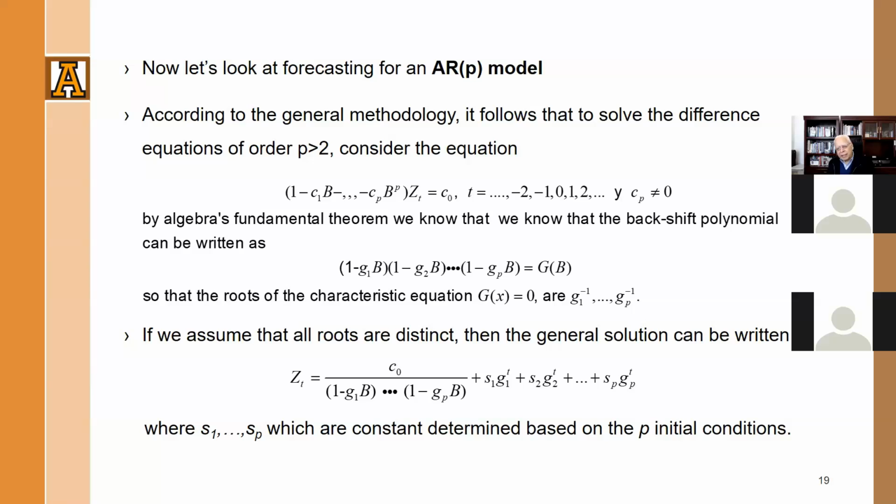We have an order p autoregressive polynomial, so the constants that determine this solution are obtained through p initial conditions.